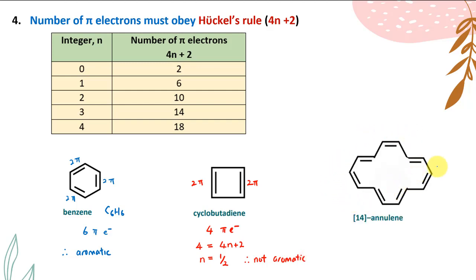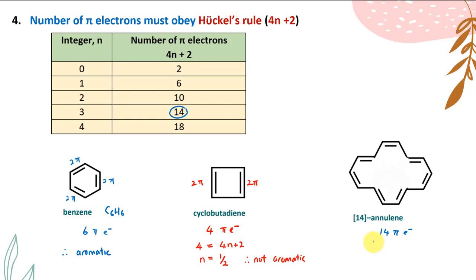And then the next structure is [14]annulene. Looking at the structure, it is cyclic, it is planar, it is completely conjugated, and let's check Hückel's rule. Altogether, 1, 2, 3, 4, 5, 6, 7, you have 7 double bonds. That means altogether you have 14 pi electrons. You can look at the table: there is the value 14 for the number of pi electrons.